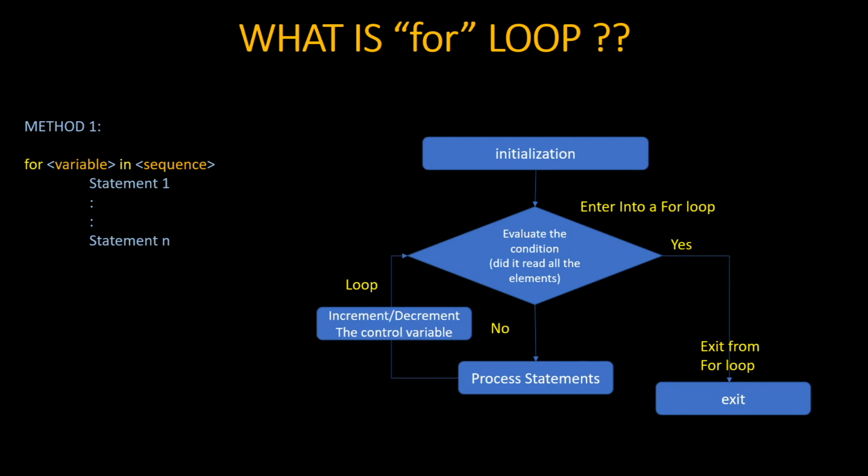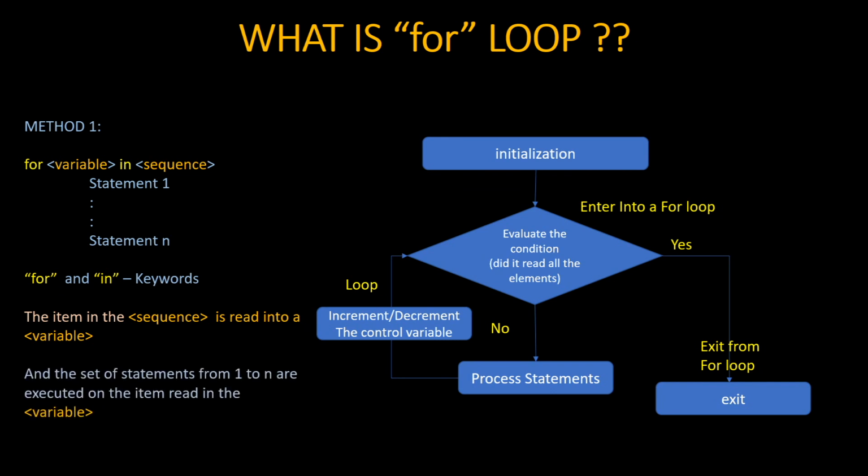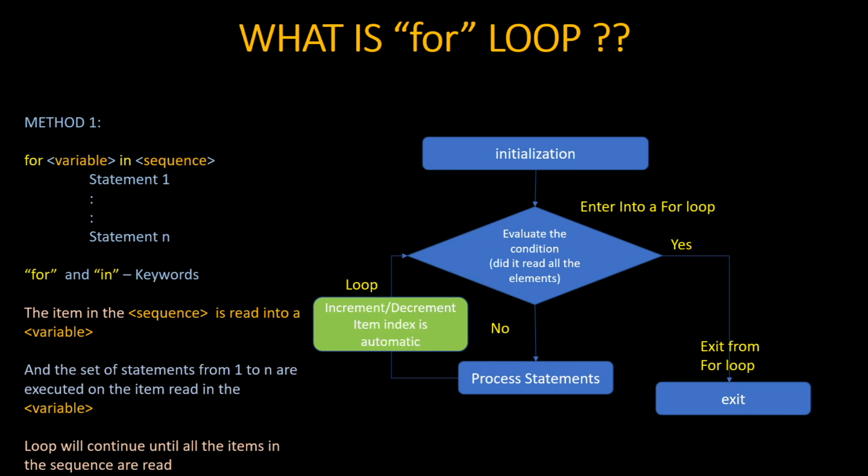In this case for and in are keywords, and the item in the sequence is read into a variable, and the block of statements from 1 to n is executed on the item read in the variable. The loop will continue until all the elements in a sequence are read. Remember, incrementation or decrementation of item index is automatic.